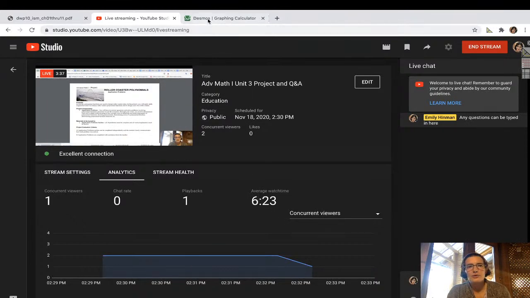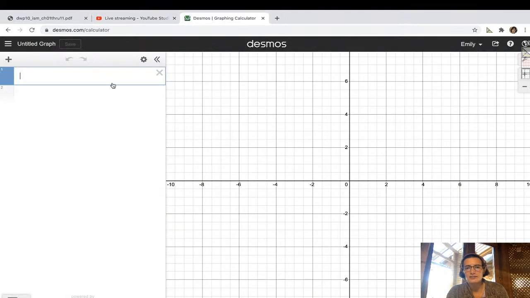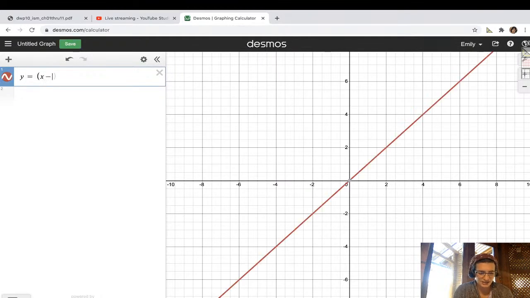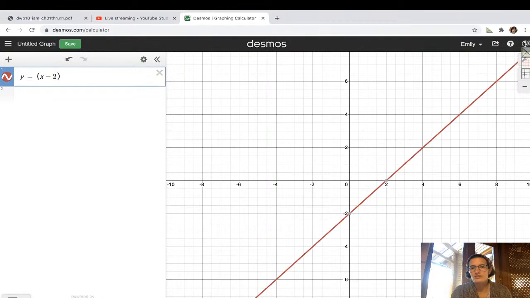The other thing I want to go over is, I've had quite a few questions on what does multiplicity mean. So I've tried to see that if I have a function like x minus 2, I have a solution here at 2, and it passes straight through it.